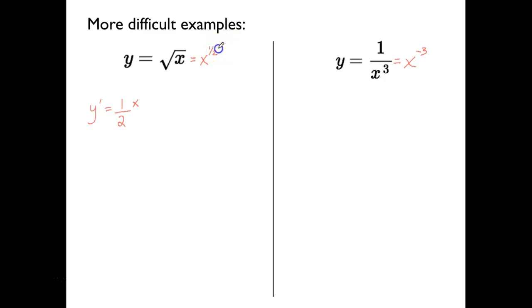What is a half minus 1? Well, remember, you got to have a common denominator. That means we need to have 2 over 2. 1 minus 2, negative 1. You keep the common denominator. It's a negative half. So that's our new exponent, a negative half.